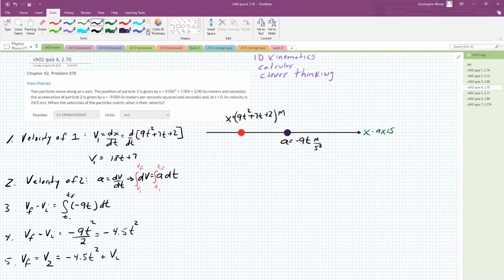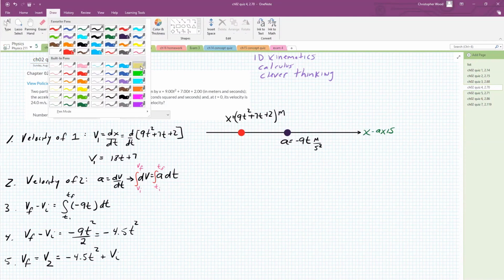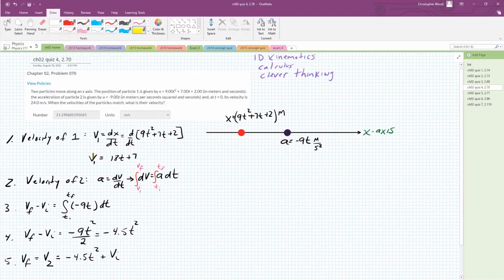That's it. So let me make a big deal about both of those functions because we have to set them equal to each other. This is the velocity function of object 1. This is the velocity function of object 2. Okay. What else do I need to be aware of? It says the acceleration of particle 2 is given by this function. And at time equals 0, its velocity is 24.